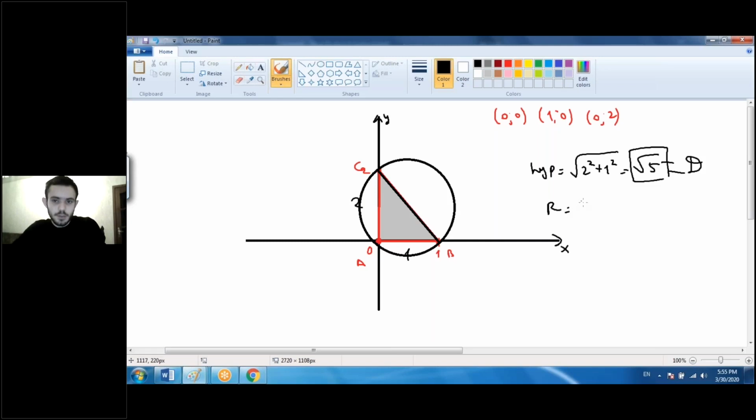Then radius will be square root of 5 divided by 2, since radius is equal to diameter divided by 2. So the answer is square root of 5 over 2. These ones are easy. You just need to draw it and see that the hypotenuse is really the diameter.